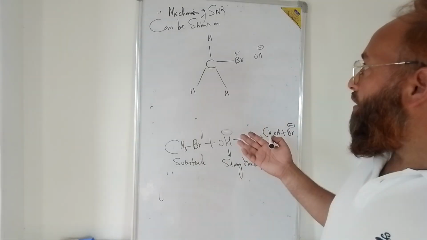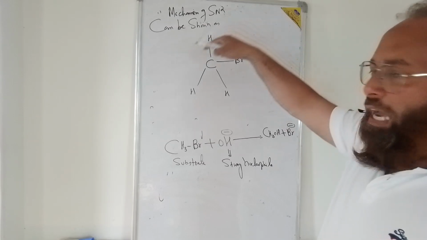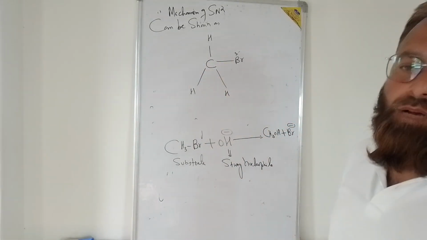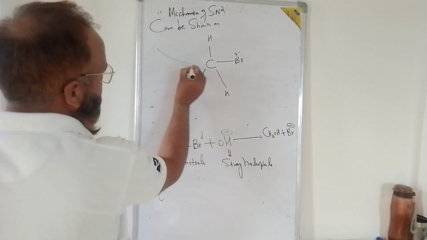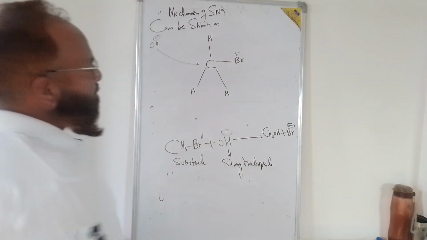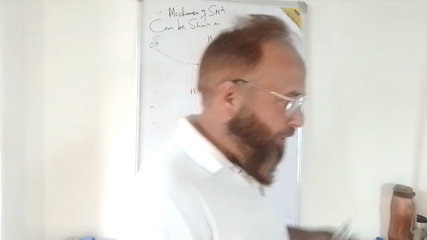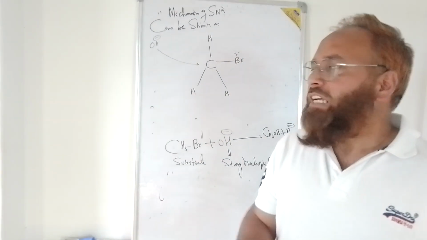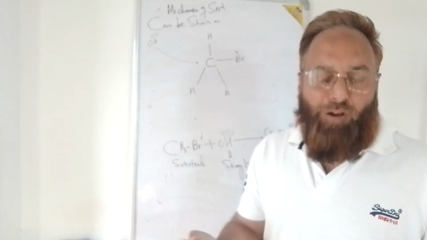So what is basically the SN2 mechanism? OH comes along the backside of the CH3Br molecule. Because Br is on the front side, OH comes from the back side. This is the easy attack from the back side and naturally the product is formed.